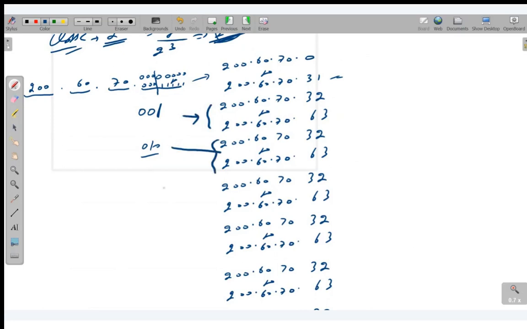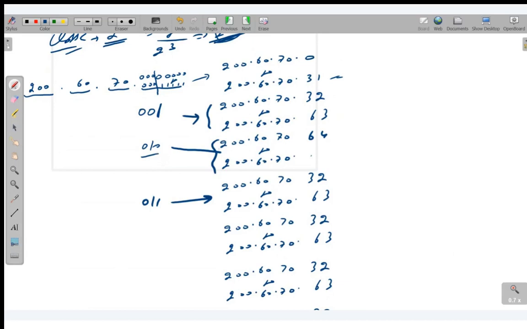What about the fourth? Fourth will be 0 1 1. So now try to imagine, 0 1 1, after that 5 zeros are there. Let's complete it. 0 1 0. Okay. So 0 1 0, after that 5 zeros will be there. So 1 followed by 6 zeros, 64. Okay. And till what point will we go? You just add 31. That is the shortcut here. So 5 ones you just add. Now 5 ones means 31.